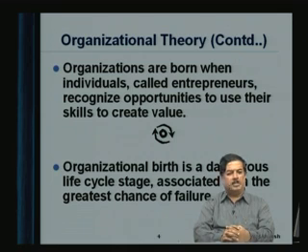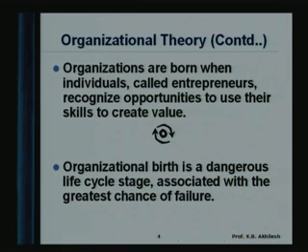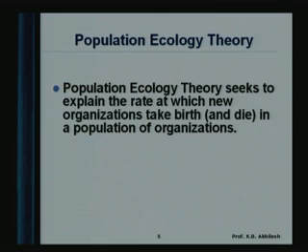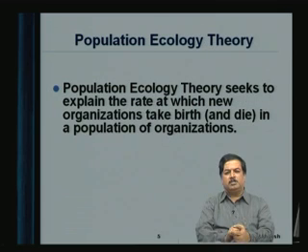The organizational birth is the most dangerous life cycle stage because it is associated with the greatest chance of failure. So several people are saying that at the initial stage itself one needs to be careful. The population ecology theory talks about this birth as well as the next stages.